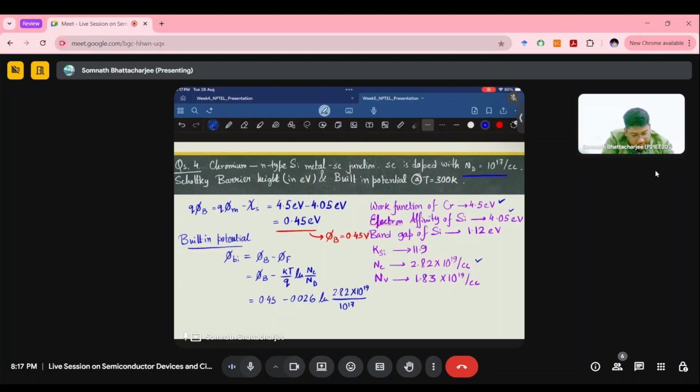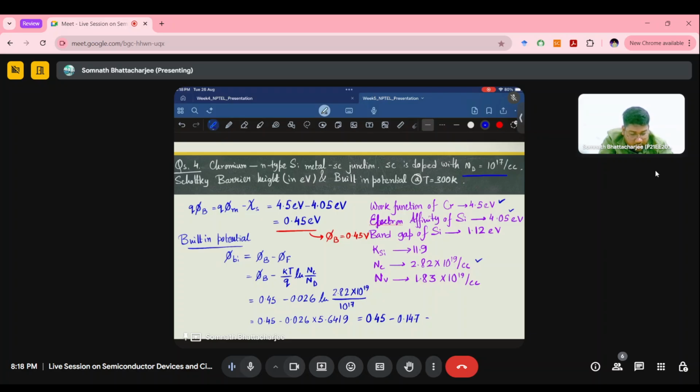So what we have is 2.82 into 100, right? So 282. So ln of 282 is this. The value is 0.45 minus 0.026 multiplied by 5.6419 multiplied with 0.026, that is 0.45 minus 0.146, or let's say 0.147.